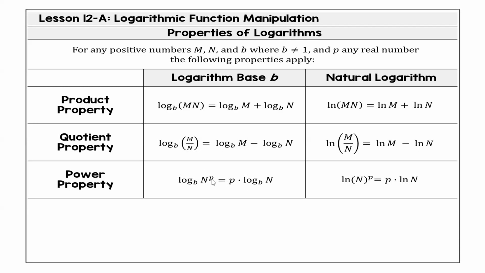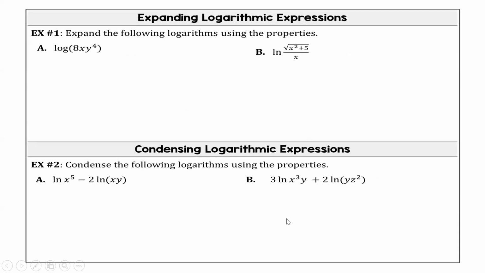Okay. The power on the argument can also be the coefficient of the log. So these are our three properties for log and natural log: the product, quotient, and power. Do we remember these? Okay. And they correlate to our exponent rules, right? Following those things.